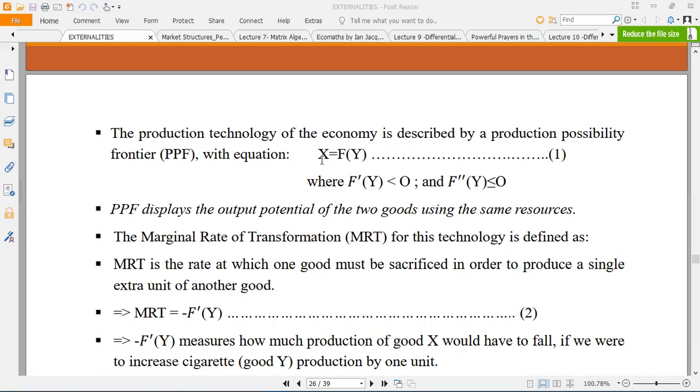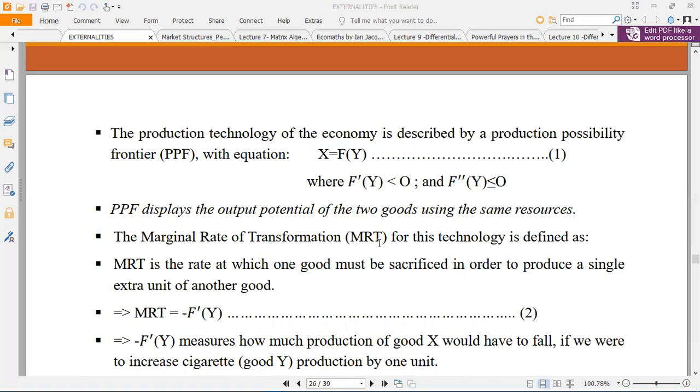Now, we use the negative of f prime of y as the marginal rate of transformation. So if you take this PPF, this production possibility frontier, the marginal rate of transformation is given by the negative of the first order derivative. When we talk about the marginal rate of transformation here, we are talking about the rate at which one good has to be sacrificed in order to produce an extra unit of the other good.